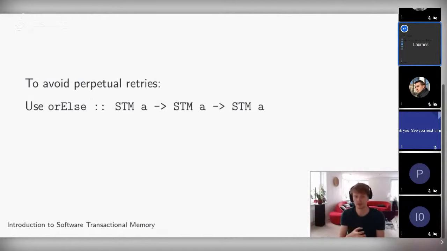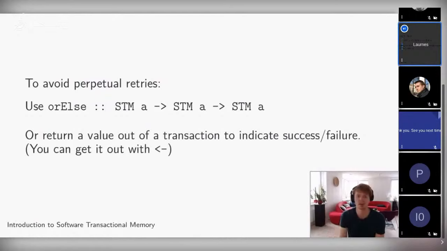And if the first action retries, then the second action is the result of the entire thing. But if the entire thing, including the second action, also has to retry because some of the involved inputs have changed, then the entire transaction is retried as a whole. I hope that's clear. Otherwise, the docs have a nice explanation in text, which is probably easier to understand.